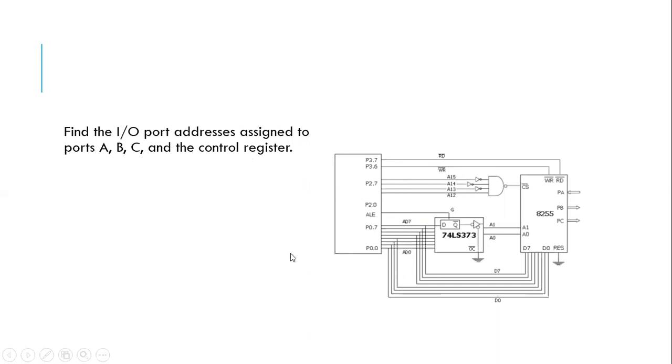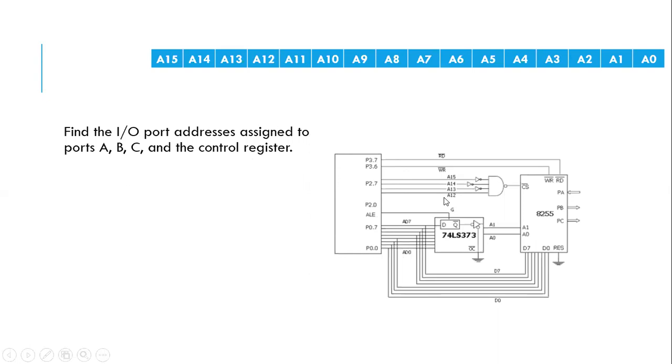Looking at this, here we have the address from 0 to 15, a totally 16-bit address. And here A0 to A7 carry the address. In this, we are taking only two bits of the address, that is A1 and A0, isn't it?